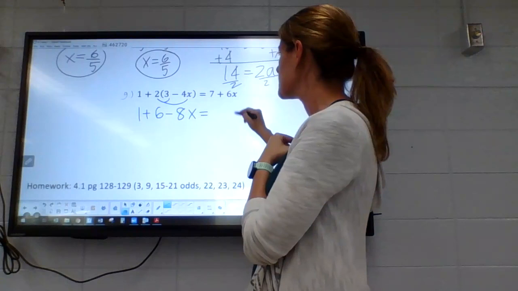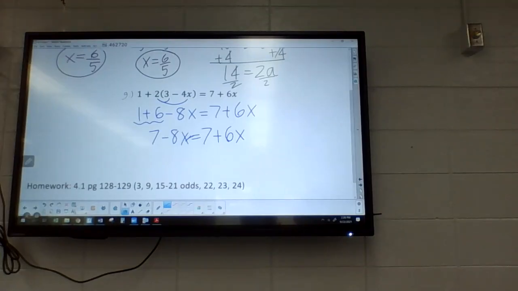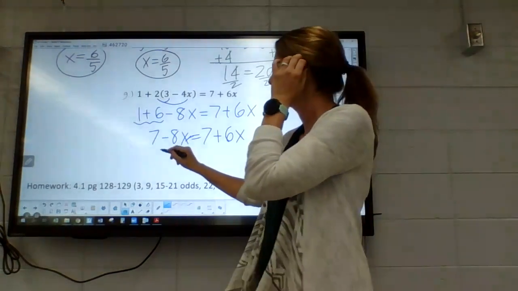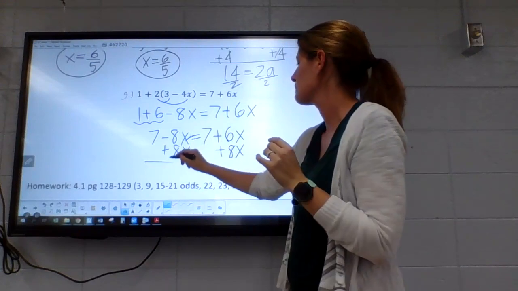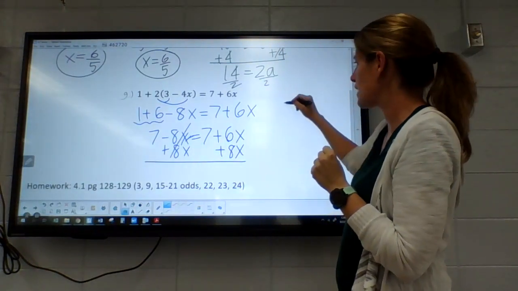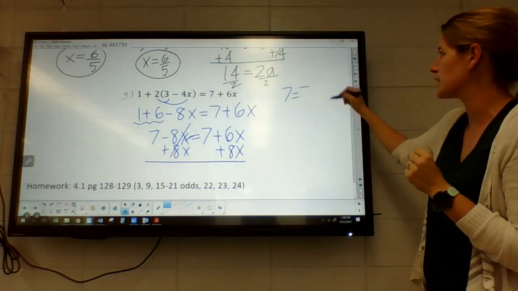Now this is a case where I like to bring the variables together first. If you don't do this, I think this makes this problem a little more confusing. I would bring the variables together. Which one do you want to move? The 8. So I end up with 7 equals 7 plus 14x.